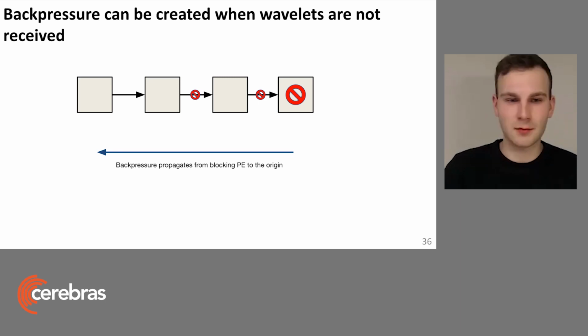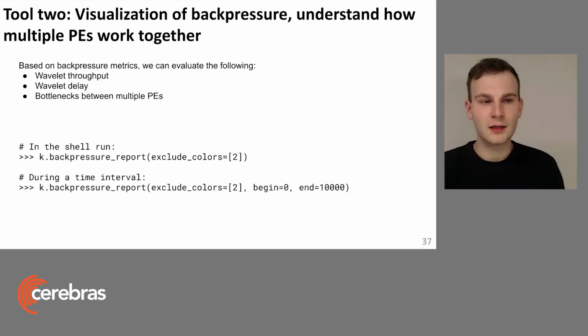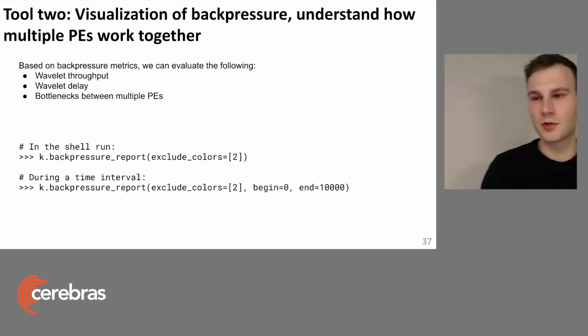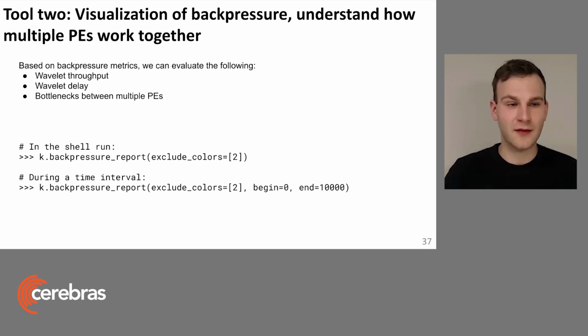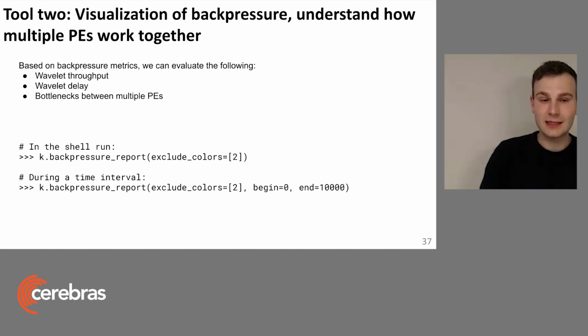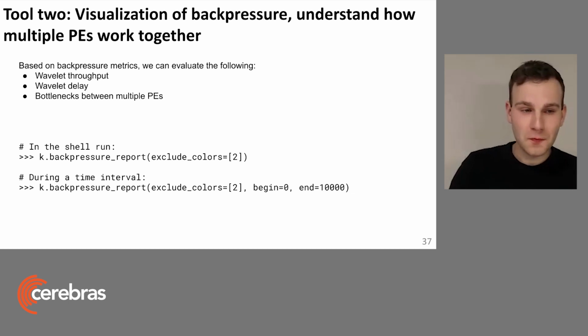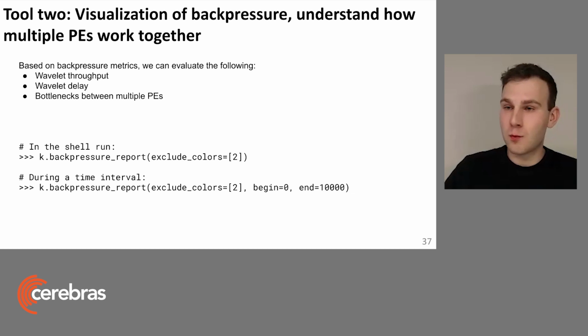So it first starts where we have a bottleneck. So this is the processing PE. And for that, we have the second tool to now analyze our new approach. We want to visualize backpressure and understand how multiple PEs can work together. And this can be done, for example, through wavelet throughput, wavelet delays, latencies, and we maybe also want to visualize this only at a certain time range.